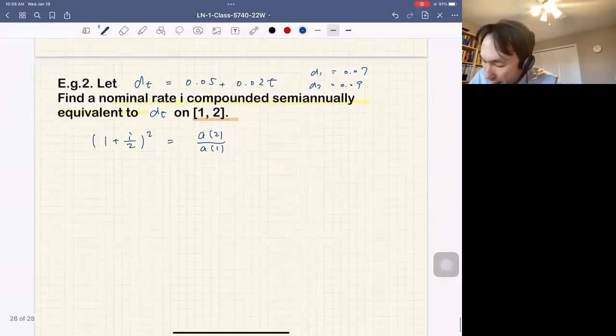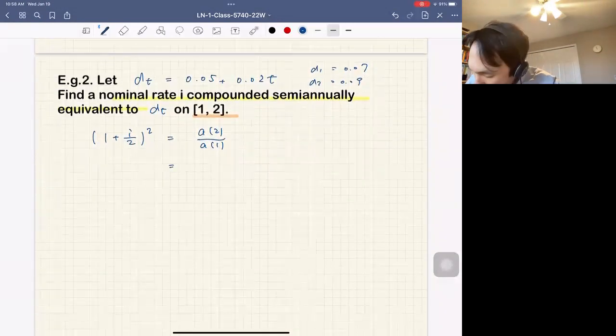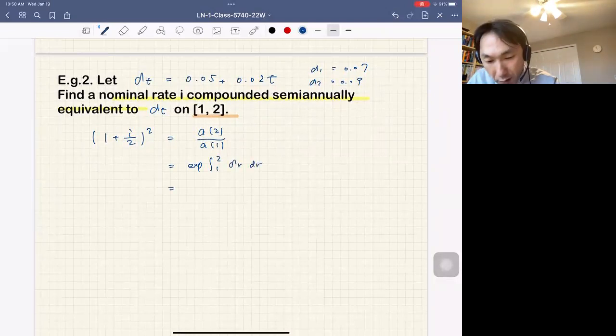And what is A(2) over A(1)? It is the exponential of the integral from 1 to 2 of delta(r) dr. So this is the exponential of the integral from 1 to 2 of (0.05 + 0.02r) dr.